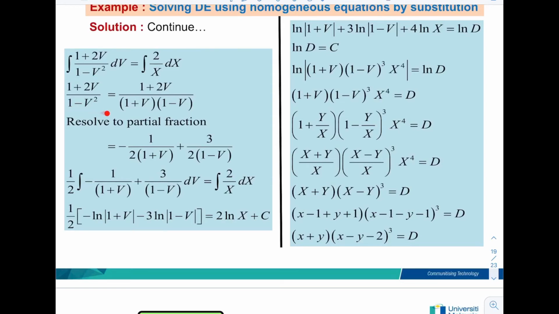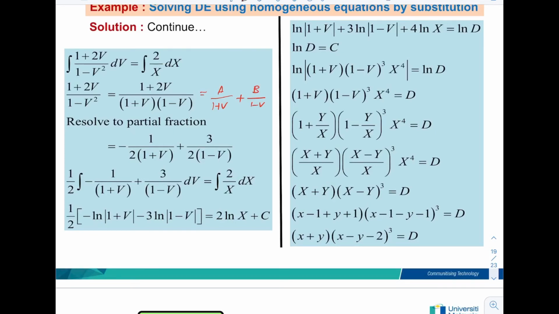For this question you can use partial fractions, where you have to factorize this one, become this one, and resolve to partial fractions. I have skipped a few steps and finally you will have this one, with 1 plus v and 1 minus v, and since these are single first order factors, we have A and B.